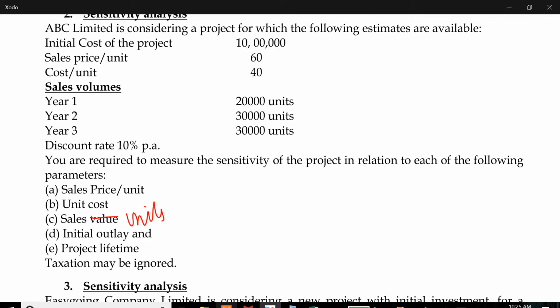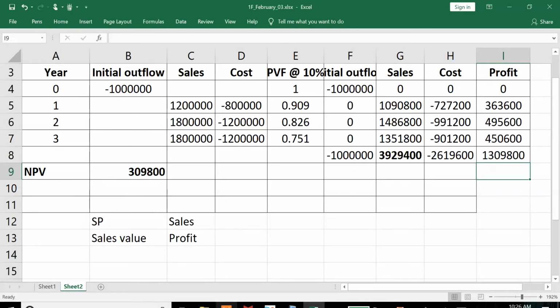Right, the present value of sales inflow is rupees 39,29,400. I'll write this detailed explanation. I'll show the verification. Then things will become clearer.